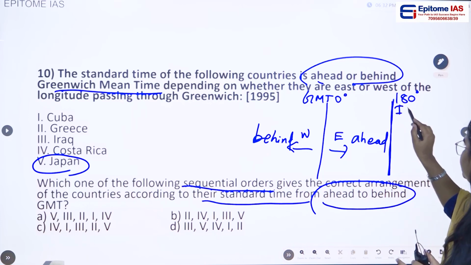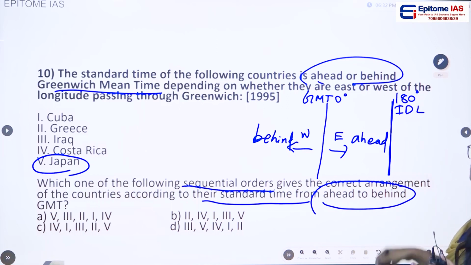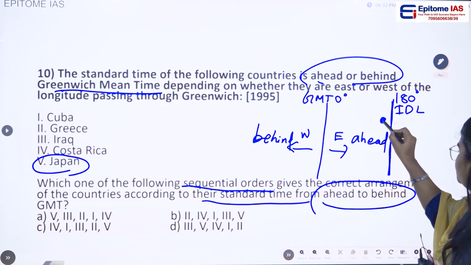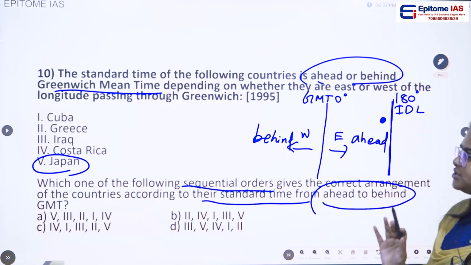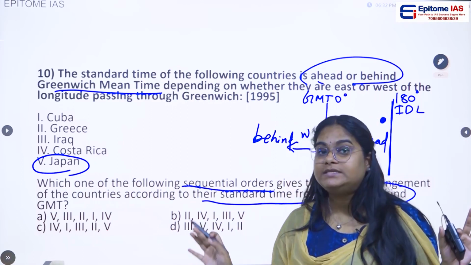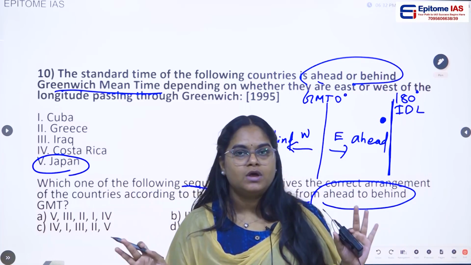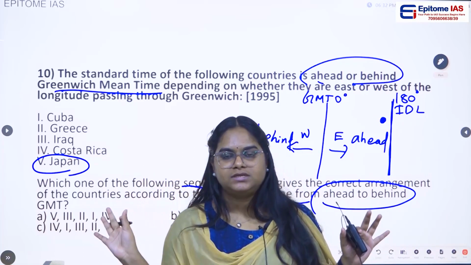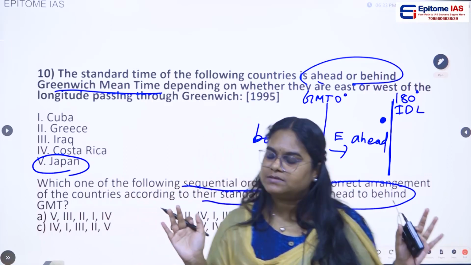It is the 180 degree meridian. Japan is going to be somewhere near the international dateline, and it is going to face one of the first sunrises. I'm not telling Japan is the first country to have the sunrise. No, I'm telling it is one of the first countries to experience the sunrise, right?